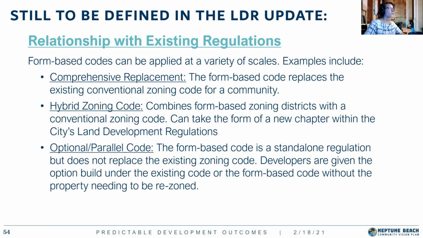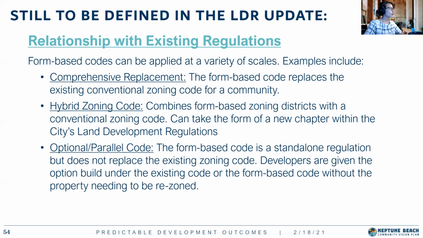If we move forward with a form-based code, there's a couple of different ways it could interact with the existing regulations in place. One way is to do a comprehensive replacement. You replace the underlying zoning districts today with a new form-based code. You could also do a hybrid zoning code, where some of the zoning districts are replaced with form-based districts, but they live side by side along other existing districts as well.